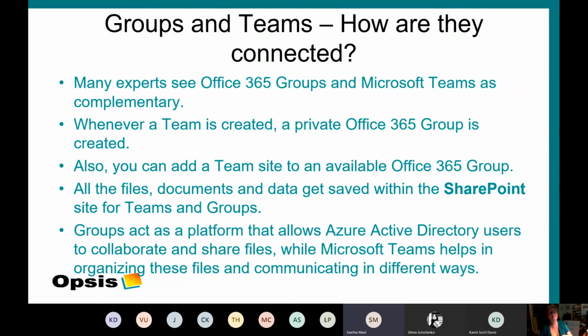The group is the platform that then gives the permissions to whatever is sitting on top of it. The key point about Groups is if you've got an Active Directory account, you will be sitting effectively on Groups. But to use Teams, you've got to have a license for Teams.